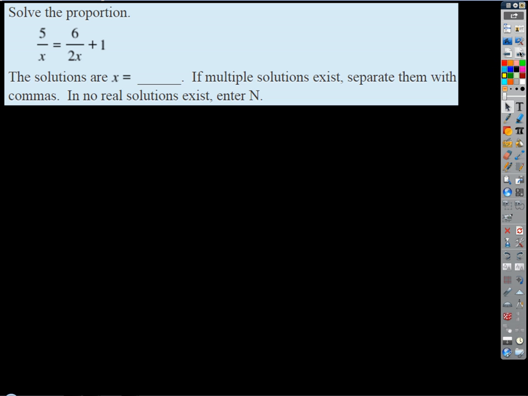What are we going to do there? We just multiply top and bottom by 2x. Or multiply both sides through by 2x. Why don't you just simplify the 6 over 2? Yeah, you could, couldn't you? Over x. Good idea.